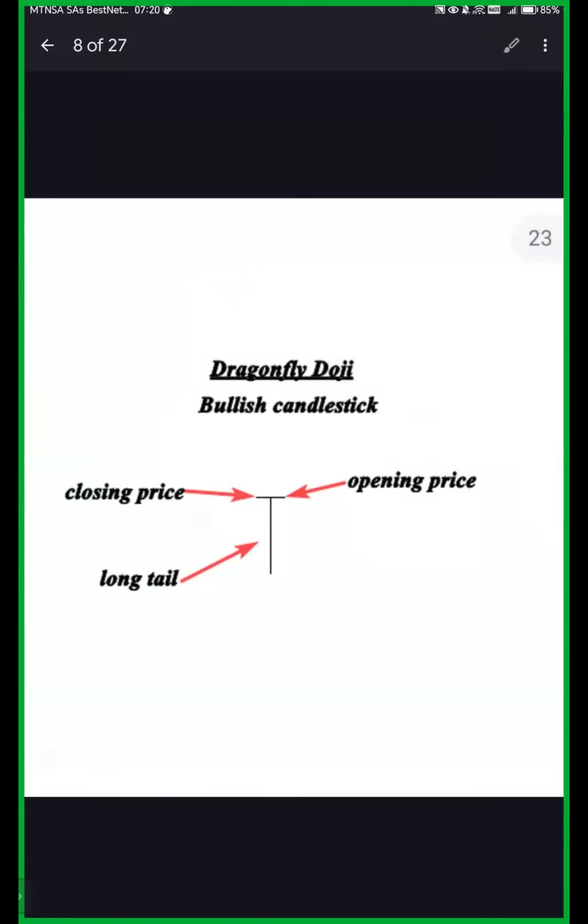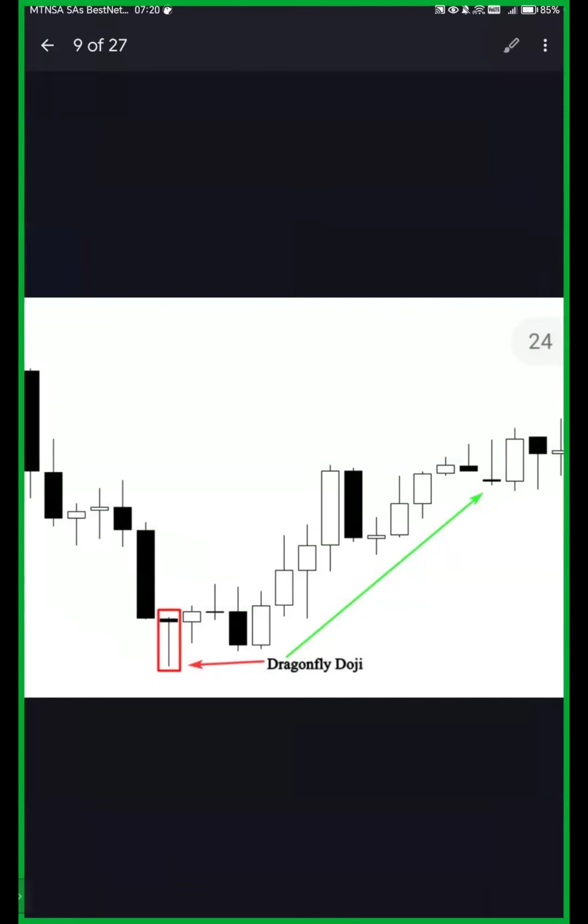All right, so this is a Dragonfly Doji. I said that a Dragonfly Doji is a market reversal signal to the upper side. It signifies market direction change to the upper side, and you can locate it at the bottom of the downtrend.